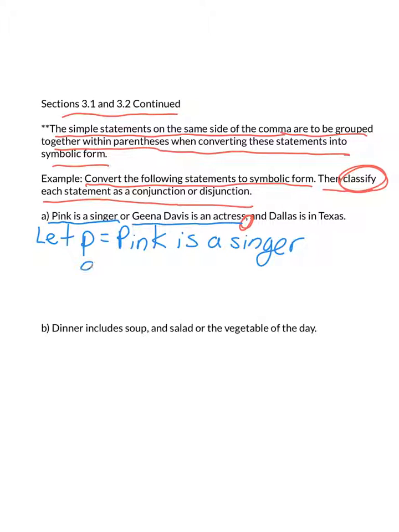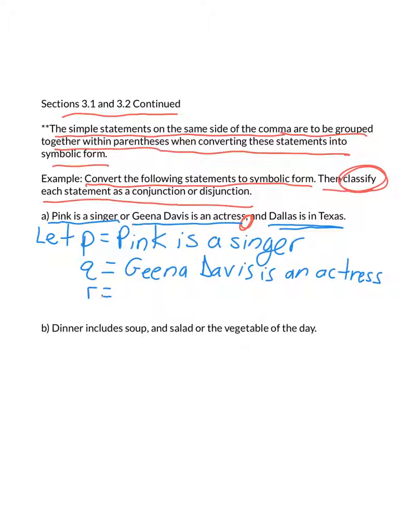So going down the alphabet from P, I'm going to let Q represent that Gina Davis is an actress. And the third idea, Dallas is in Texas. So this is the first example we've seen thus far where we have 3 ideas.